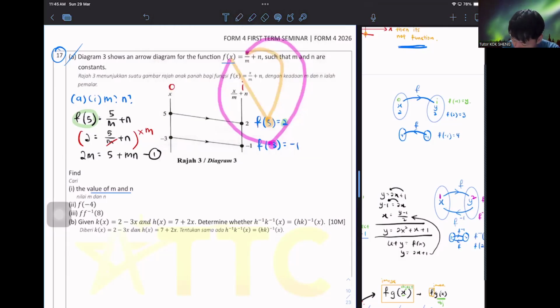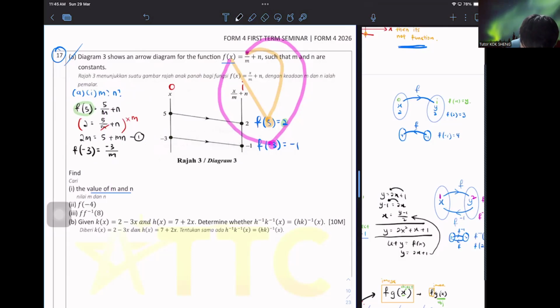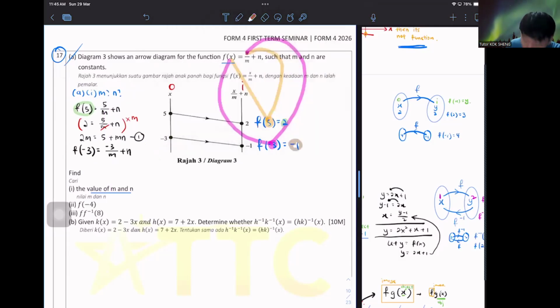I have no space, so I write here first. -3. Then same thing for this part: -1 is the image, right? So replace f of -3 with -1.